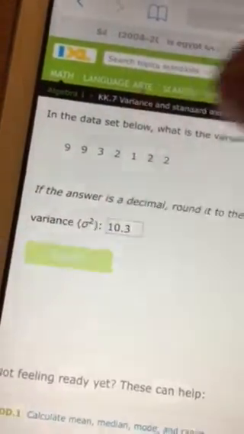For this problem, it's asking us for the variance. If the answer is a decimal, round to the nearest tenth. So we have our decimal here. When we round this to the nearest tenth, we round one decimal over. So it would be rounded to 10.3. So the variance of this data set would be 10.3. So we have our answer right here, and then we submit.